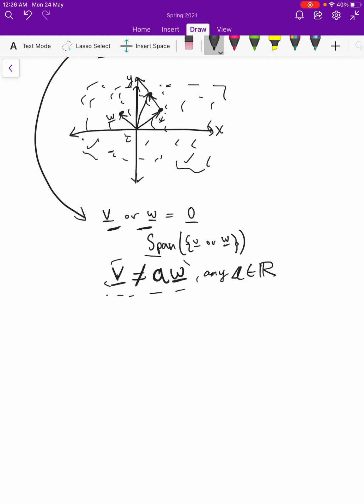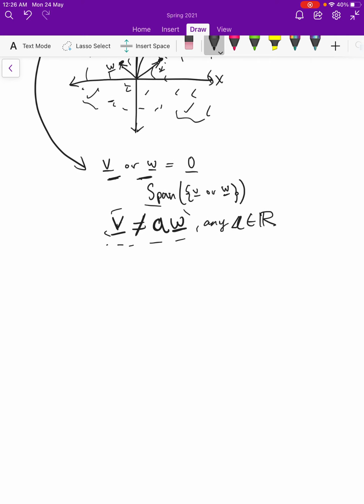And this is important. Why, you might ask? Well, if v can be represented as a and w, then when we have our supposed plane equation, we're going to have aw plus another coefficient bw, which is just a plus b times w. Here a plus b is a real number.